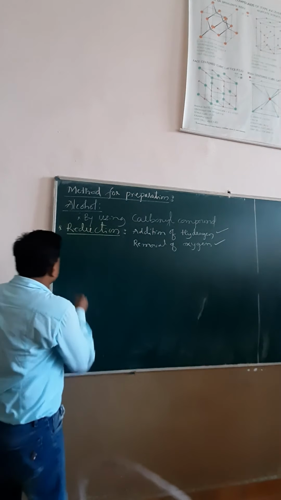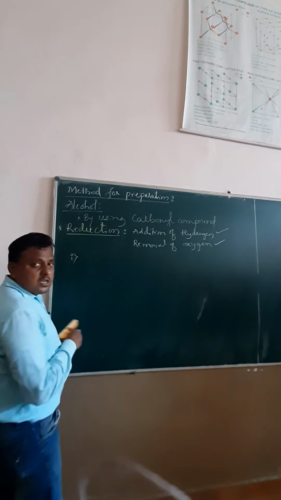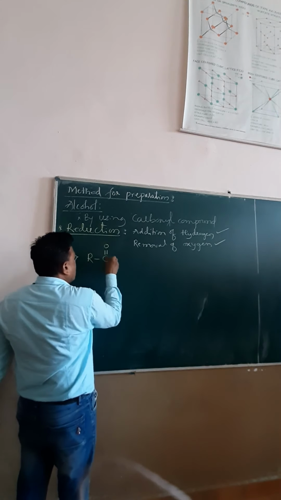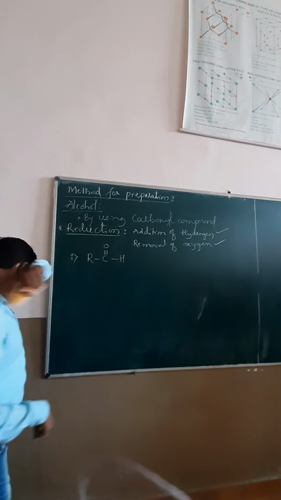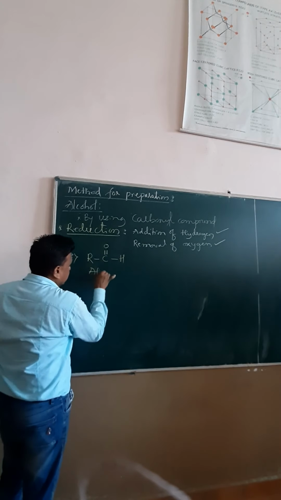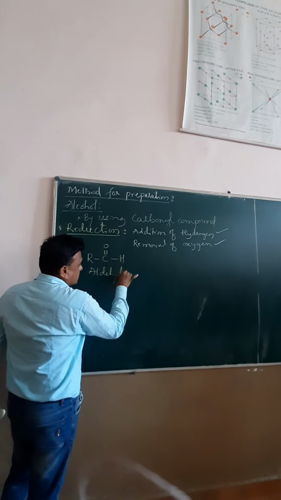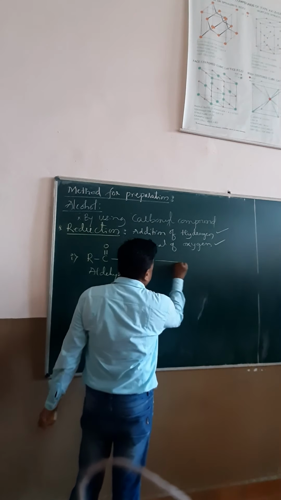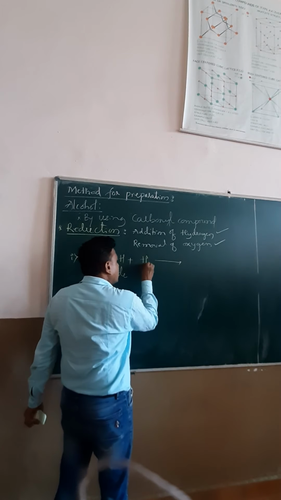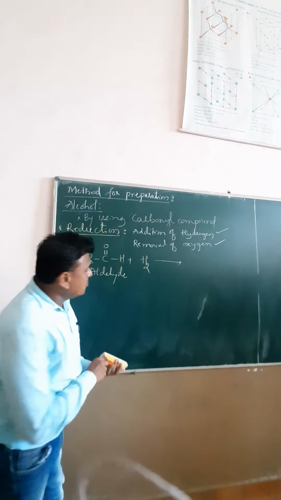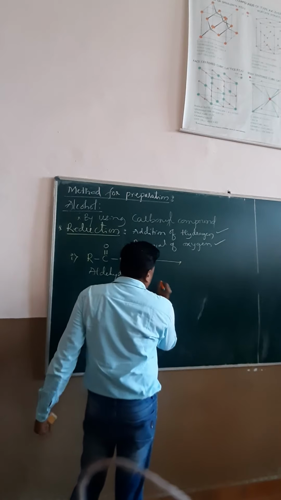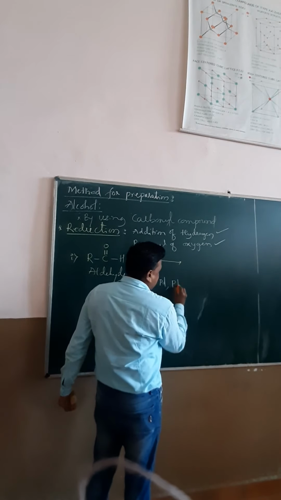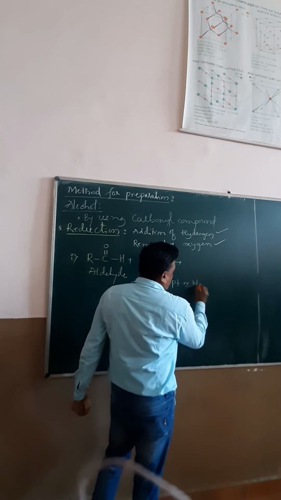Let us begin with the first one by using an aldehyde, RC double bond OH. Consider an aldehyde. When this aldehyde undergoes reduction, that is addition of hydrogen. First we know the reducing agents. What are the reducing agents? We use palladium, platinum, or nickel catalyst.